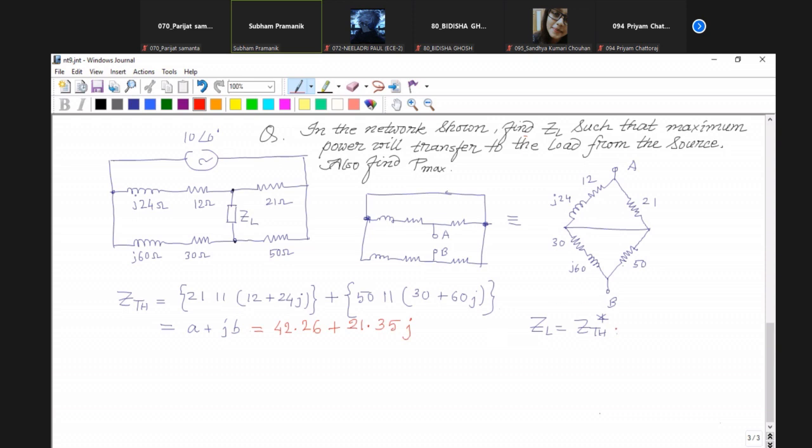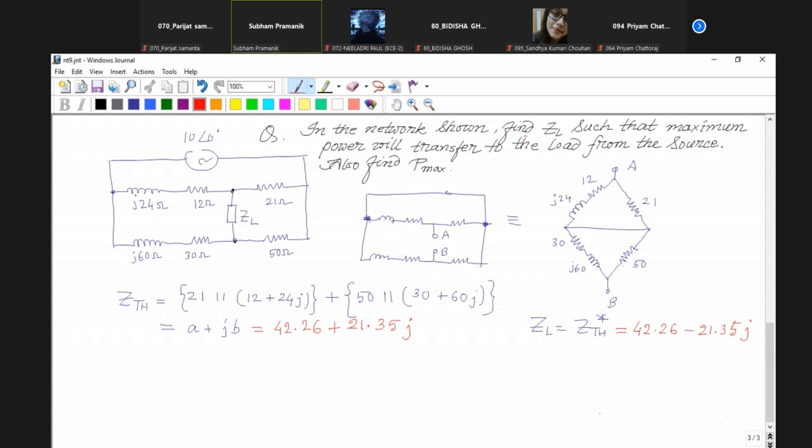So ZL will be 42.26 minus 21.35J. Just verify whether it is correct.